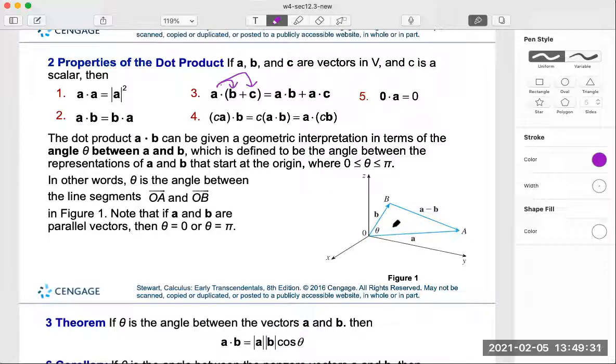Okay, if A and B are parallel, then the angle theta will be 0 or pi. If they're parallel, then the angle theta between A and B will be 0 or pi here. Okay.